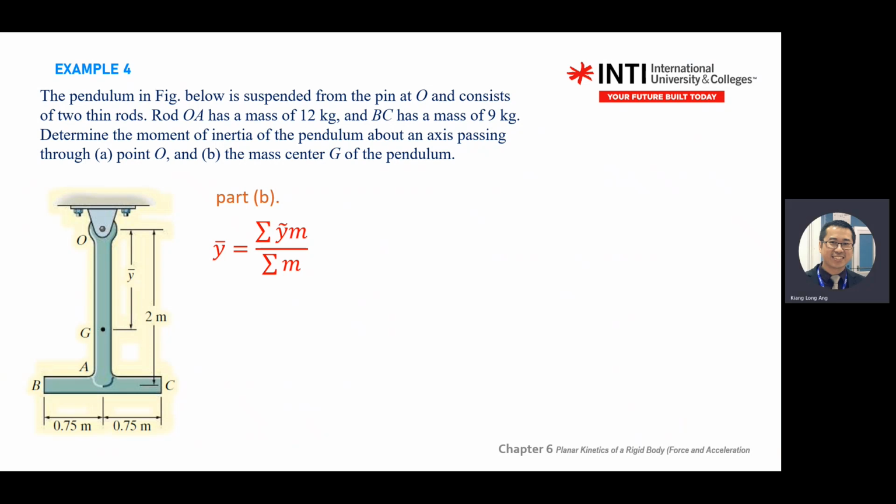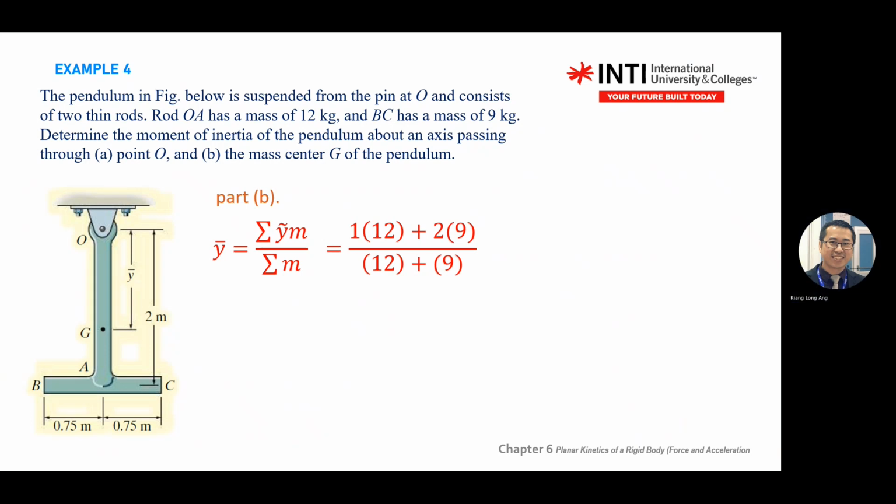Okay, this is to find the center of Y, I mean the average Y there. You substitute the value. For the first one, the mass is 12, OA is 12. And for this element, your Y is 1 because the total length is 2, average is 1.